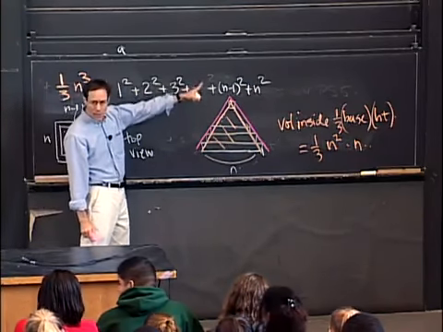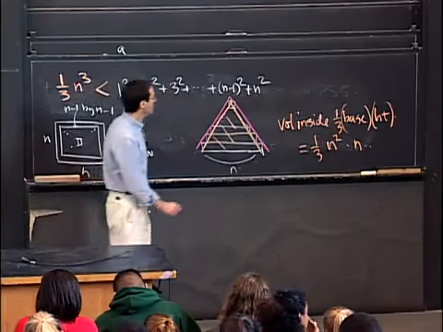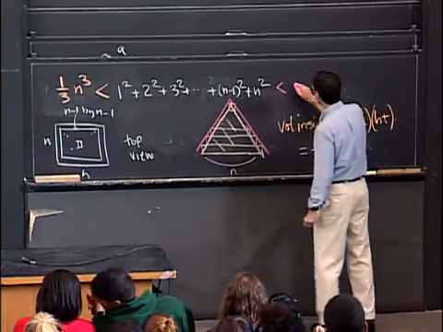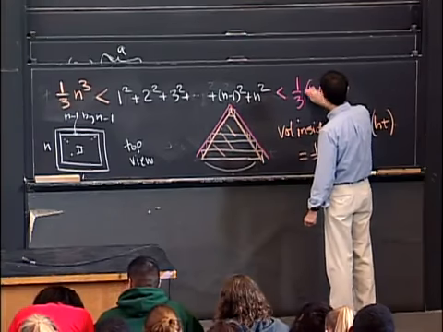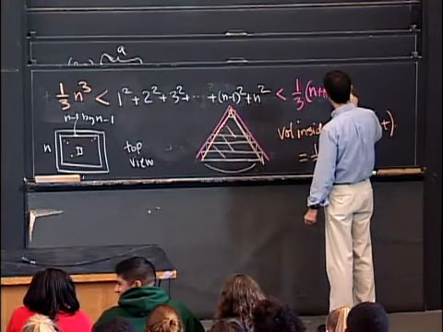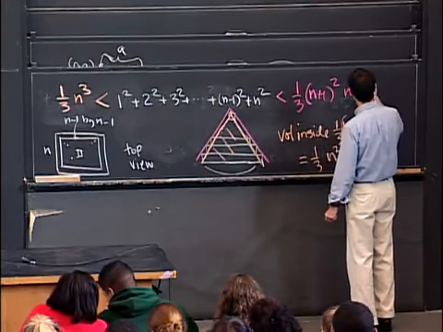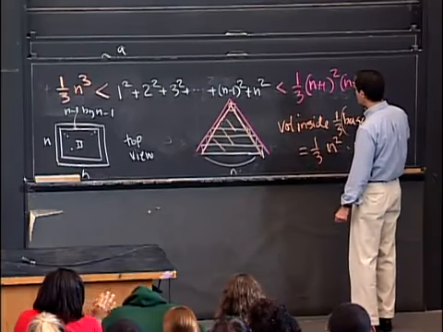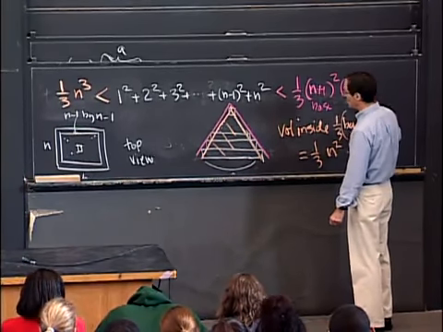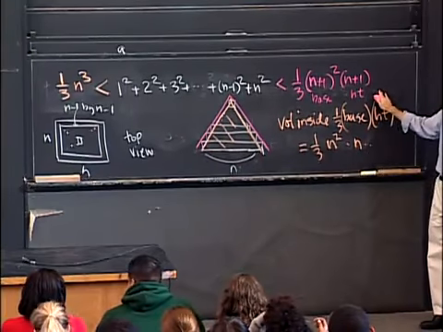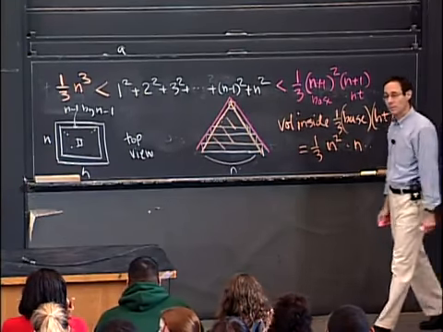And it'll go up 1 higher. All right? So on the other end, we get that this is less than 1/3 n plus 1 cubed. Again, n plus 1 squared times n plus 1. Again, this is a base times a height of this bigger pyramid. Yes, question?